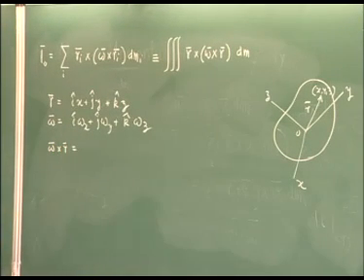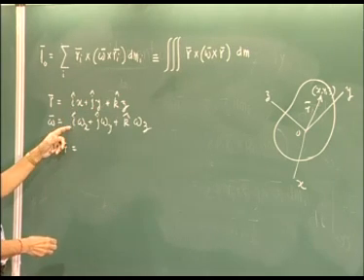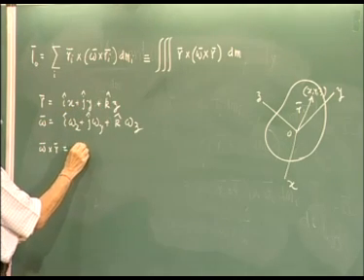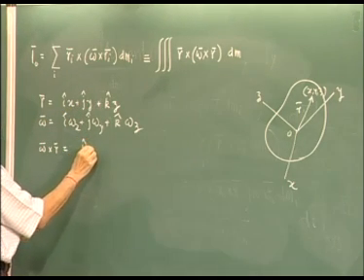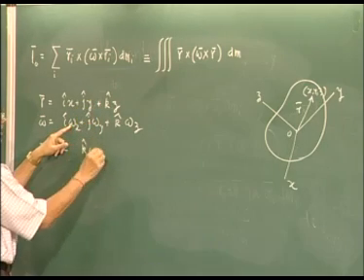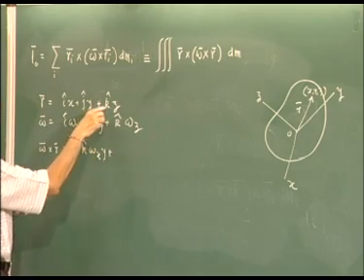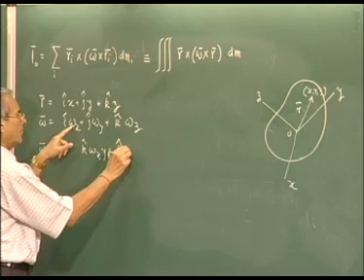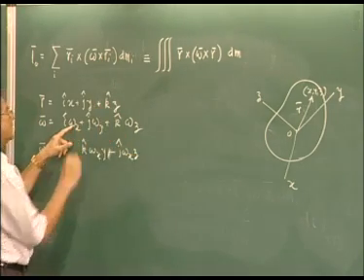Now, with this, the term omega cross r becomes, when you take the cross product, i cross i is 0, i cross j is k omega x y, plus i cross k is minus j omega x z.